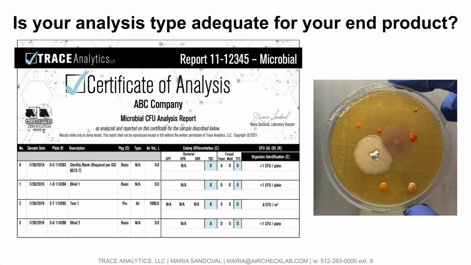And so typically what laboratories do is they offer an additional package which will allow you to identify the colonies that are differentiated on your plates. So like you see here on the right, you have red colonies, orange colonies, yellow colonies, fuzzy colonies. So this is an actual customer provided compressed air sample.